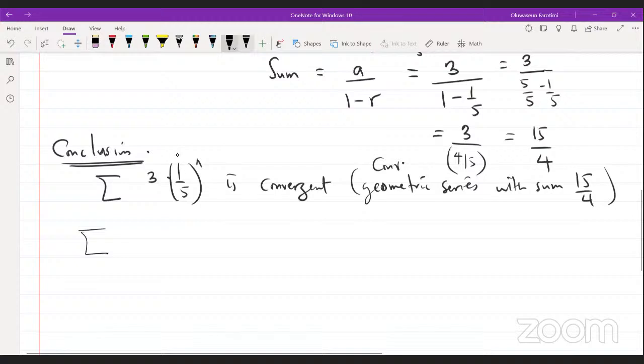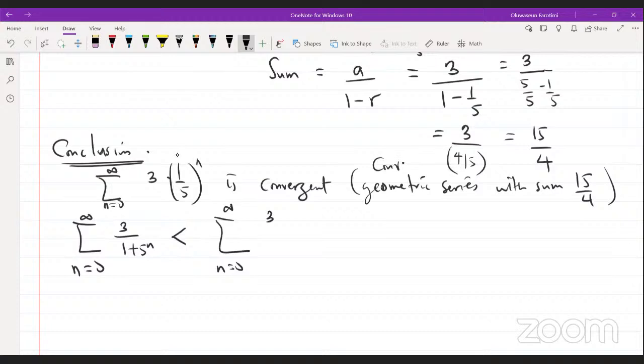So to put that in a mathematical perspective, what do I write? I'm going to write the sum from n equals 0 to infinity of 3 divided by 1 plus 5 to the power of n, which is less than this. So I'm just copying pretty much what I have on top and putting it back here.